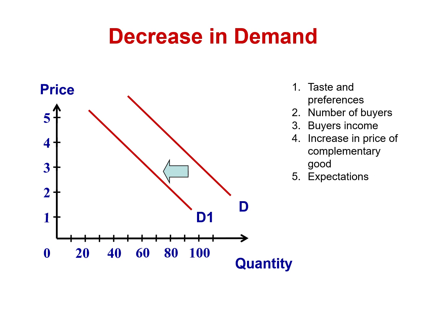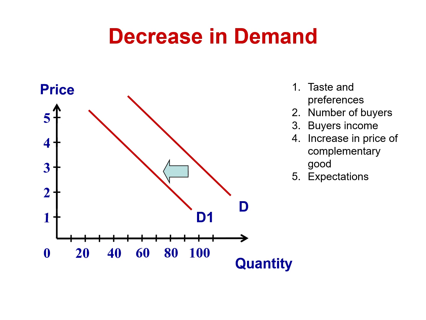So, quickly reviewing our 5 non-price determinants of demand and how they could decrease demand. A decrease in the taste and preference for any good or service will shift the demand curve to the left, a decrease in demand. A decrease in the number of buyers will shift the demand curve to the left, a decrease in demand.